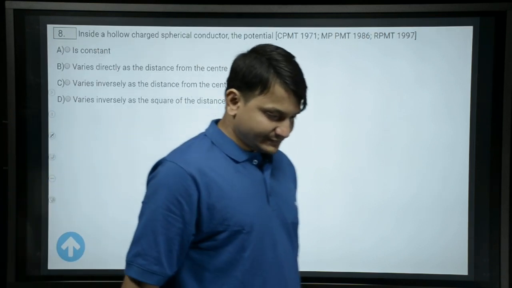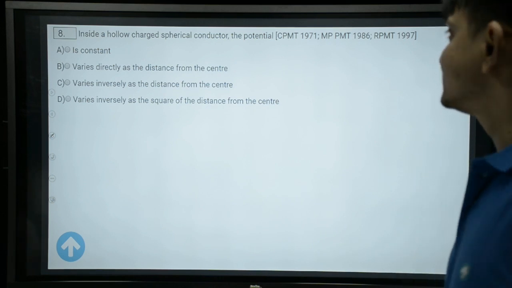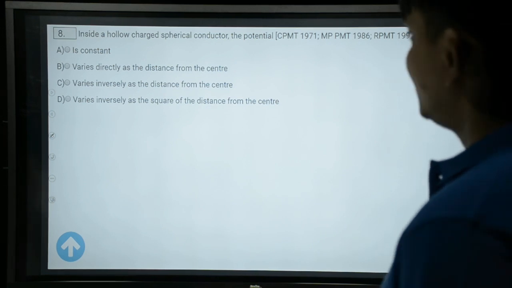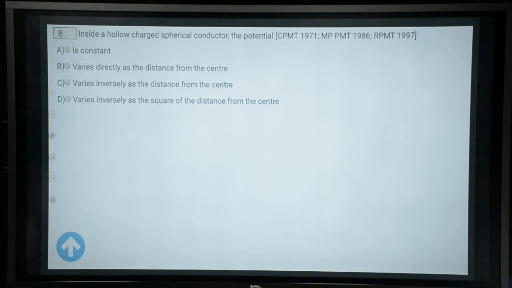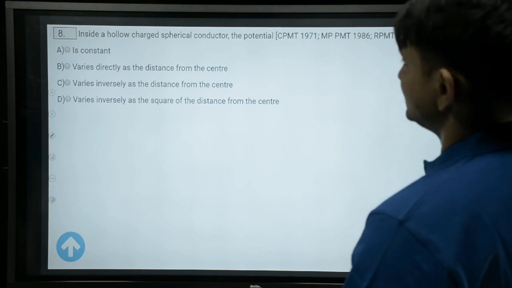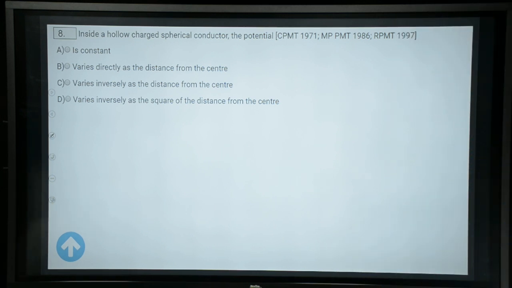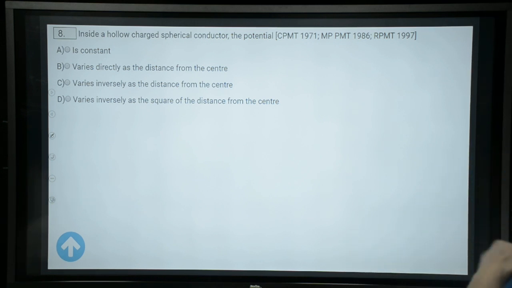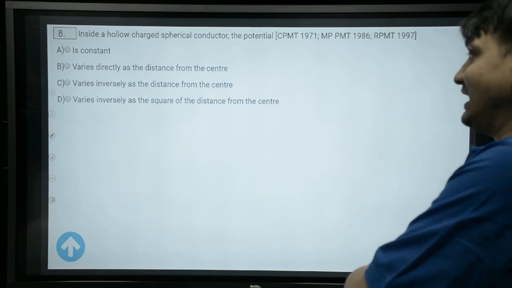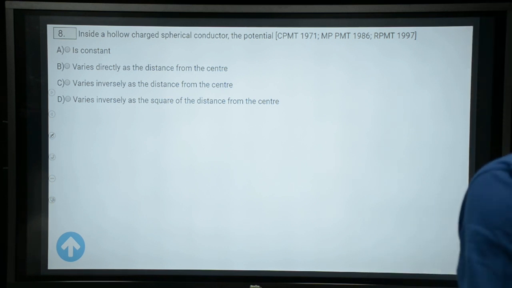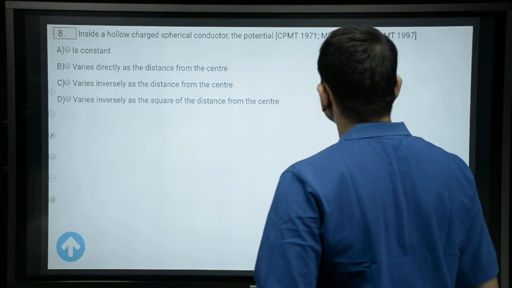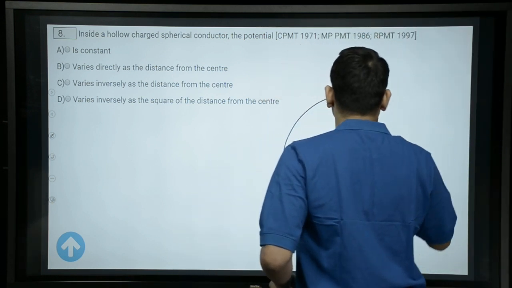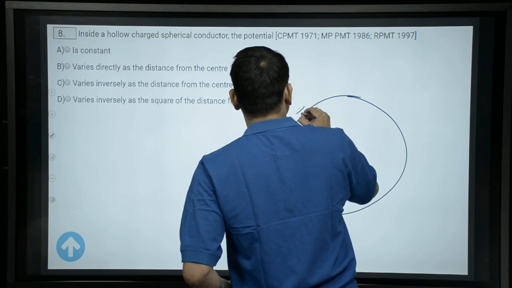Okay, again we have something about theory. Let's read the question together. Inside a hollow charged spherical conductor, a potential is constant, varies directly with the distance from the center, varies inversely as the distance from the sphere, varies inversely as the square of the distance. So these are the parts where you need to be very careful.